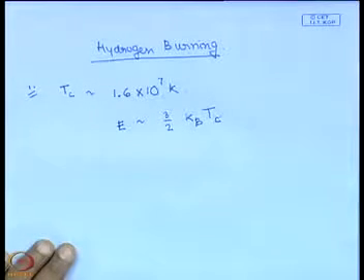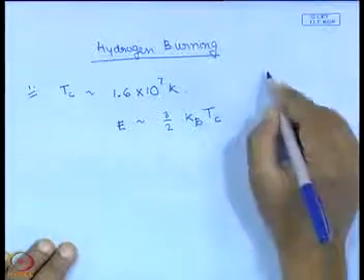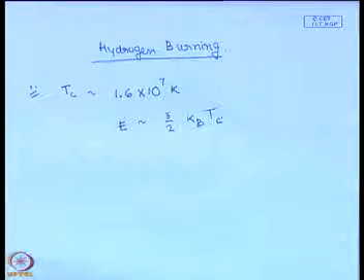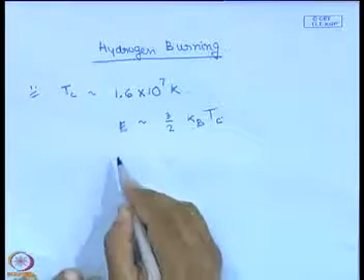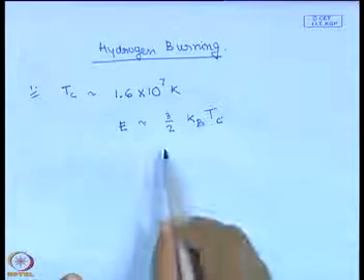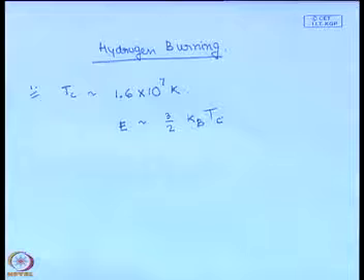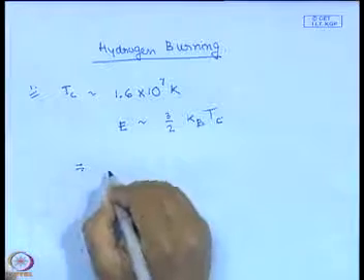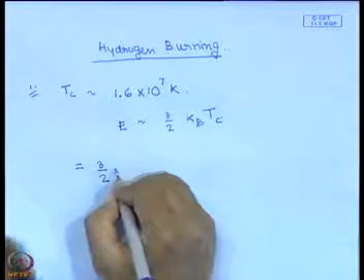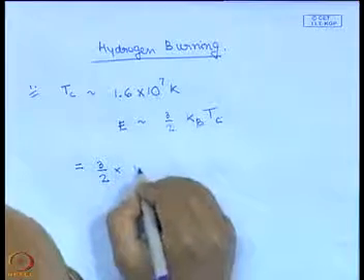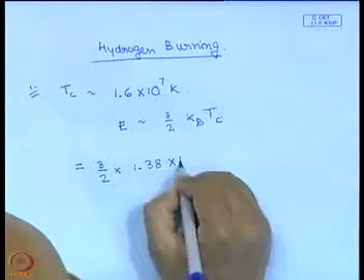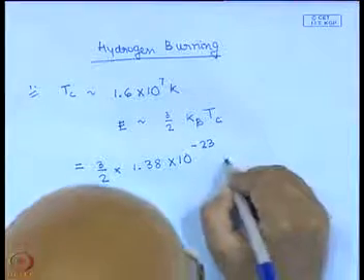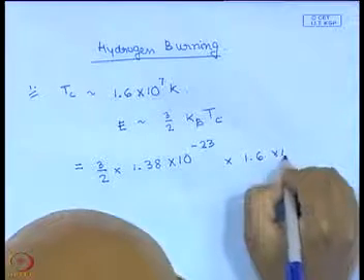So, the particles inside have a Maxwell-Boltzmann distribution of velocities, and so the kinetic energies also have a spread. The typical kinetic energy is of the order of 3 by 2 kBT, the average kinetic energy, and you put in the values. So, 3 by 2 into 1.38 into 10 to the power minus 23, that is the Boltzmann factor, into 1.6 into 10 to the power 7.